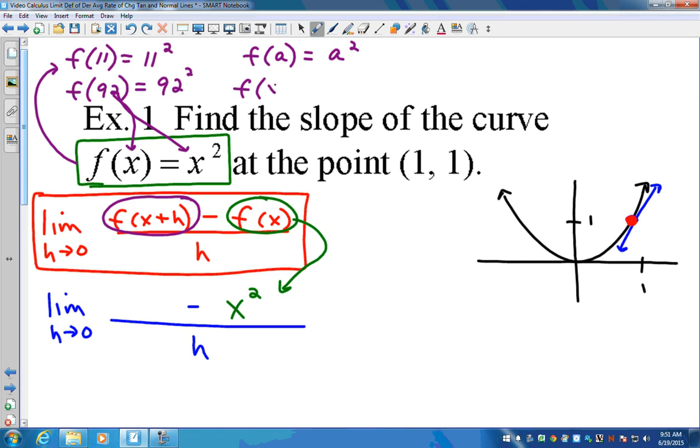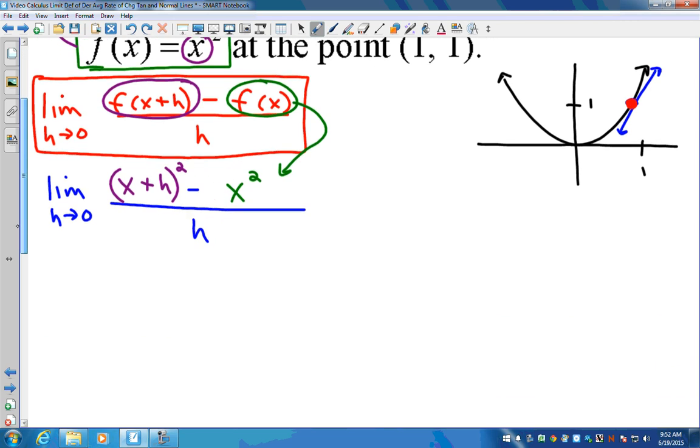Okay, so what's f of x plus h? Well, we're going to take this stuff and put it in for x. If we take x plus h and substitute it in for x, instead of having x squared, we have x plus h, the quantity squared.